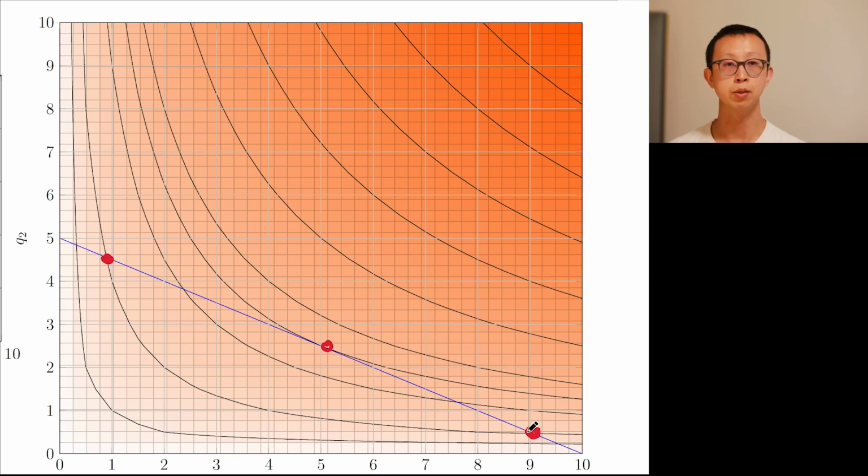Because any consumption bundle sitting between these cutting points will actually be sitting on an indifference curve that is higher than their indifference curve down below. And similarly, if you look at these 2 points again, we can keep improving them by moving towards all these points between these cutting points.